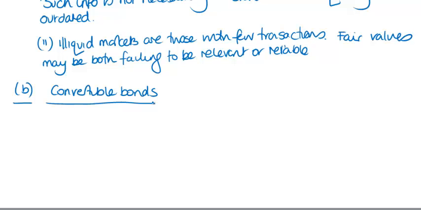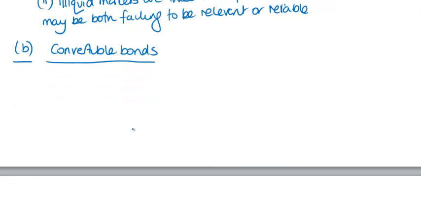So we're looking at convertible bonds. Notice the date. These bonds were issued 3 years ago. They matured and converted on the 31st of May 20x8. So they're effectively being converted at today's date.